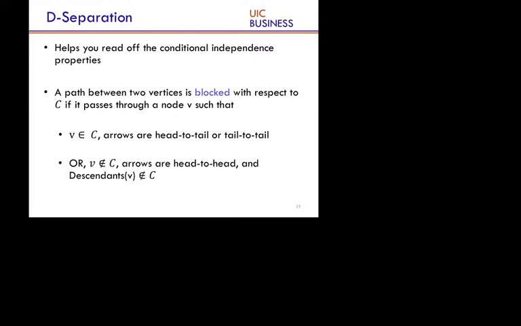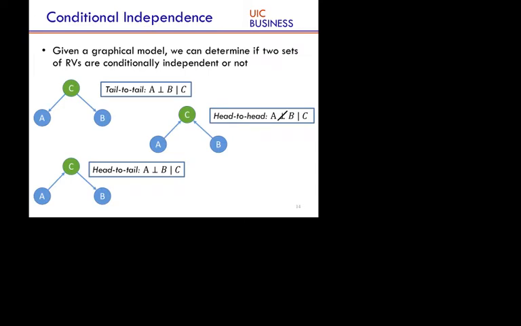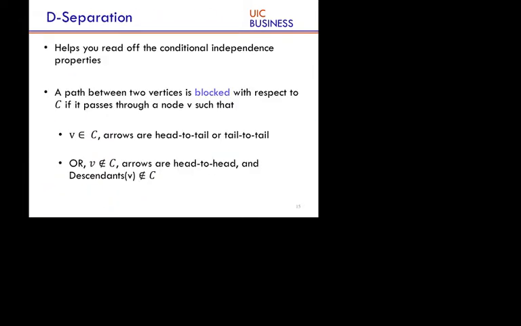Okay, so the arrow directions that we saw: if it is tail to tail or head to tail, and that node is in C, then that path between the 2 vertices is blocked. Pick any path between 2 vertices. If there is a node on that path which belongs to the set C, and it's connected in a head to tail or a tail to tail way, then that path is blocked. That's all it means.